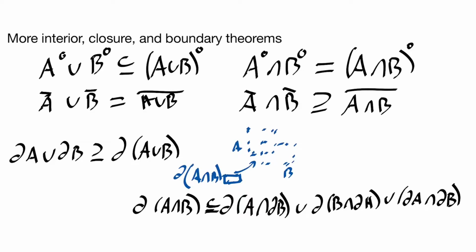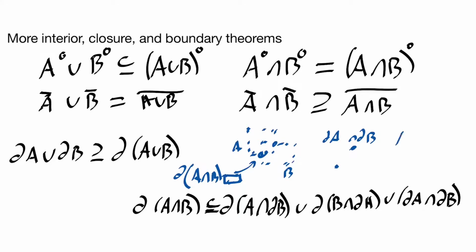But if we think about these pieces, well, if we wanted to take these two boundaries and intersect them, the boundary of A intersect the boundary of B, in fact, all we would get is just these two points on the corner, just that point and that point, because those are the only two points that intersect the boundary.